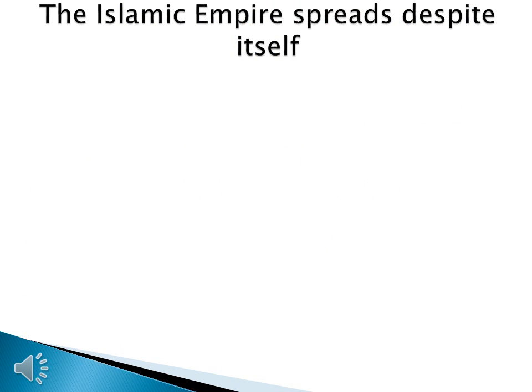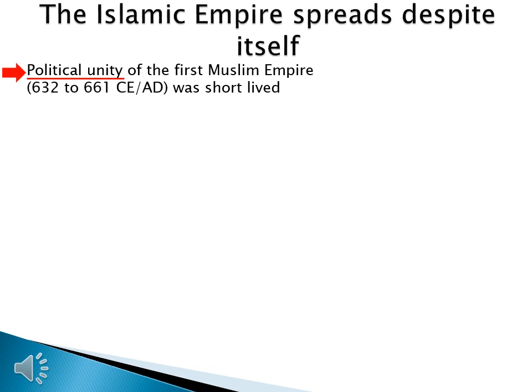Islam and the Islamic Empire spread quickly, but it's not because people like each other. Instead, political unity of the first Muslim empire from 632 to 661 CE was short-lived. There is no unity between the Muslims. Something else must be working to spread Islam. That something is Arabic.